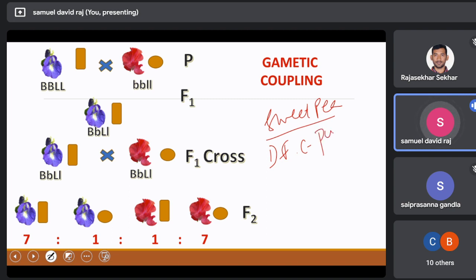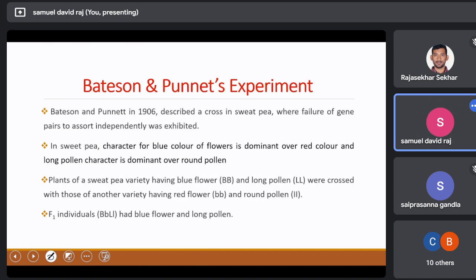Flower color is said to be purple; in some books it is written as blue, so you can write purple or blue or both. The recessive is red. Purple or blue flower color is dominant over red color.